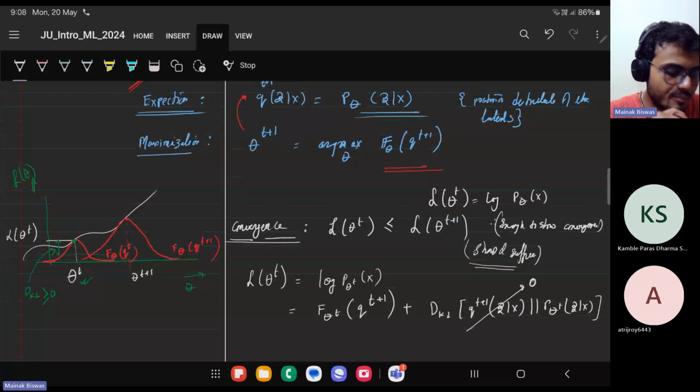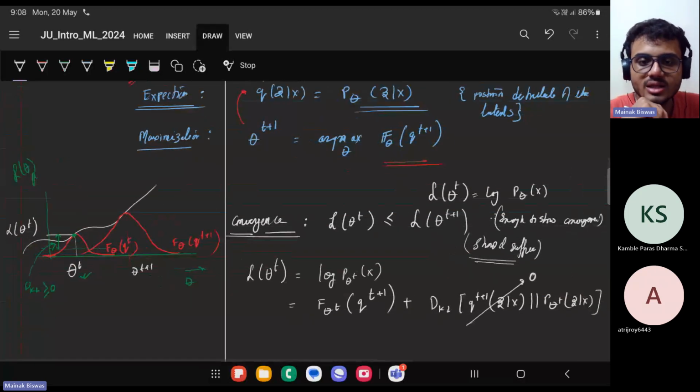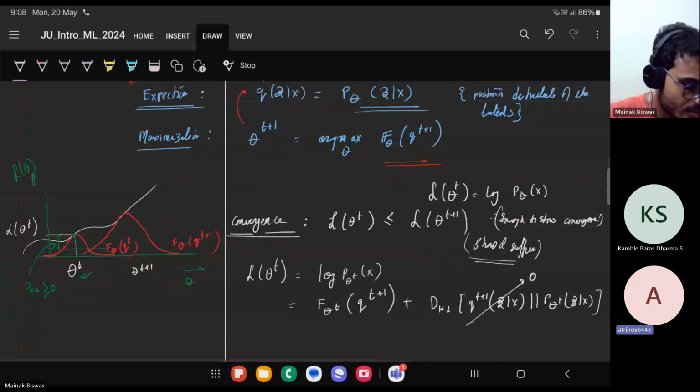On the right hand side, I am putting q t plus 1 as the function in the ELBO. This is how we set it, right? We have set it equal to p theta t of z given x.